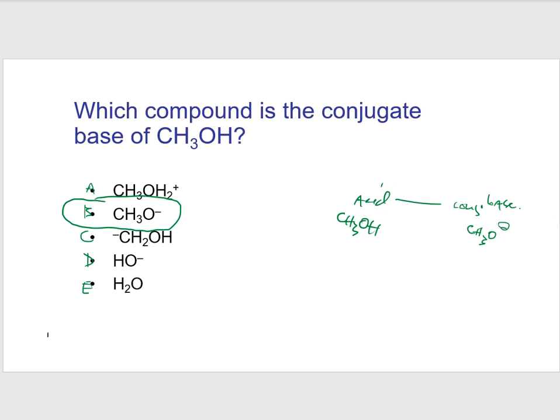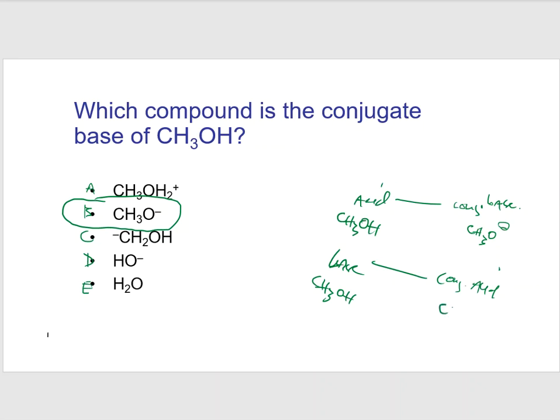Okay? If this question said, which compound is the conjugate acid of CH3OH? If it wanted the conjugate acid, that meant that this has to come from a base. So they are asking, what if this molecule acted as a base? What would it do? Well, a base by definition accepts a proton.